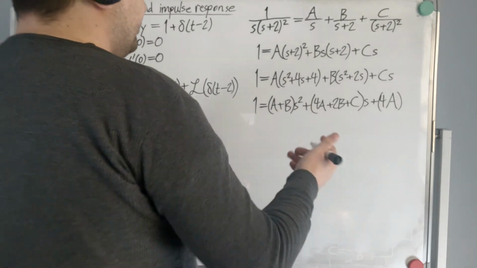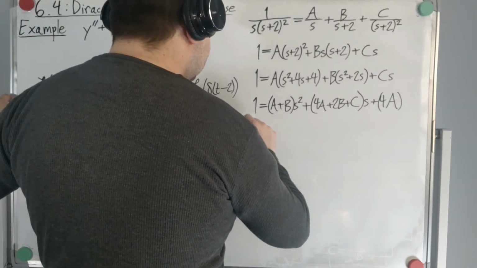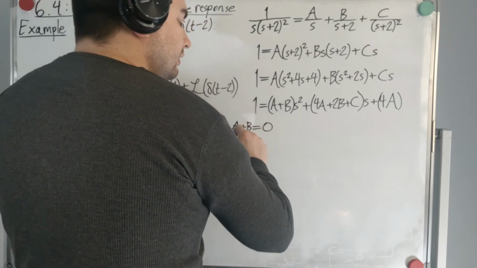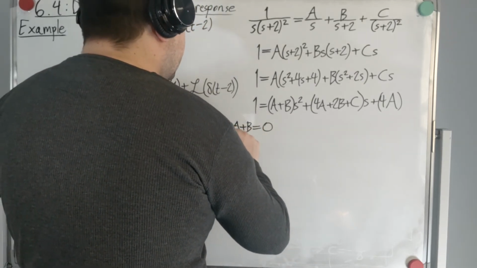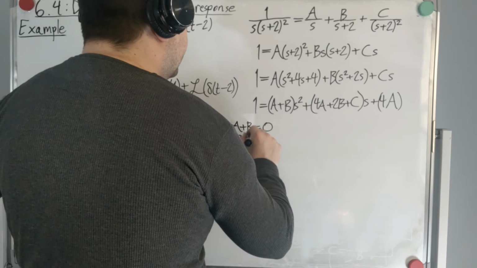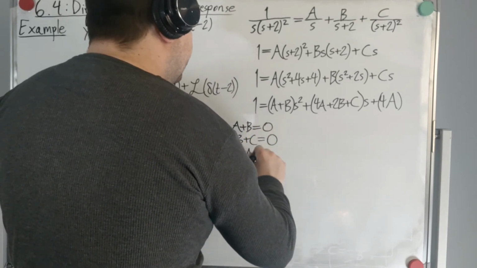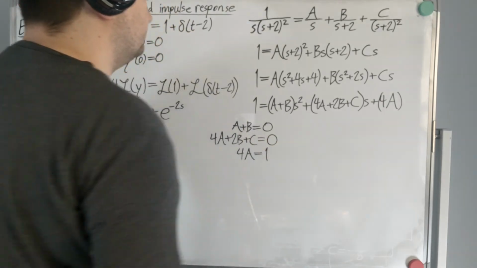This gives us a system of equations. We have A plus B equals 0, 4A plus 2B plus C equals 0, and then 4A equals 1.